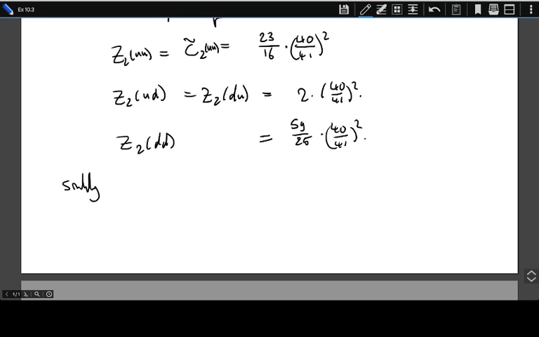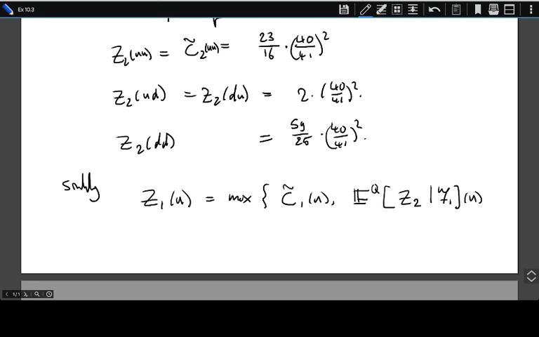Similarly, the Snell envelope at time 1 is given by the maximum of the value of the discounted option at time 1 and the conditional expectation on the equivalent martingale measure of the Snell envelope at time 2 given F1.